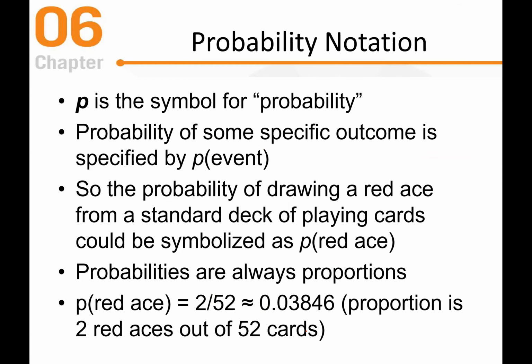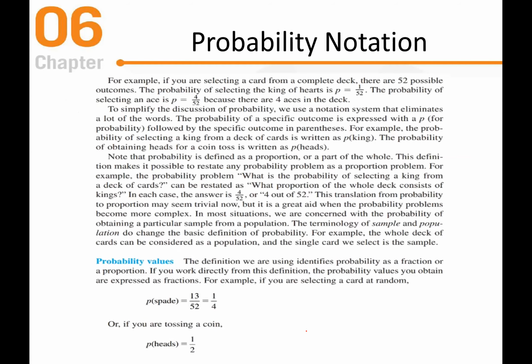So let's do some more examples with this. Let's say that we wanted to know the probability of getting a spade in a deck of cards, right? So again, in order to get a probability, we have a numerator and a denominator. The denominator is going to be the total number of possible outcomes. So if you're using a standard deck of cards, there are 52 possible outcomes, all right?